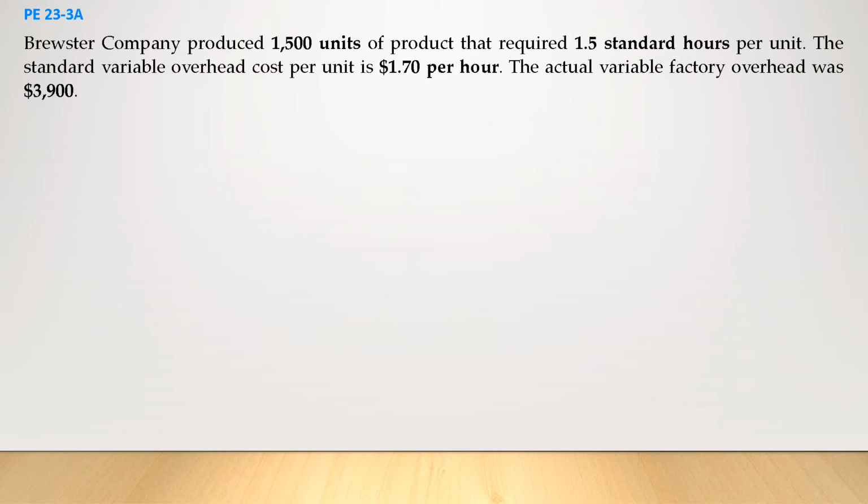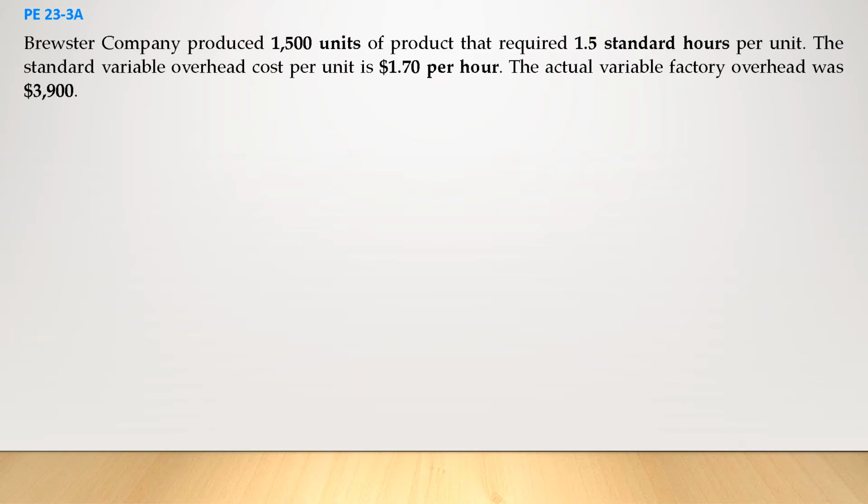To continue, let us go directly to the assigned practical exercises and discuss side by side the theory and the problem. Under practical exercise 23-3A, the problem is stated as follows. Brewster Company produced 1,500 units of product that required 1.5 standard hours per unit.